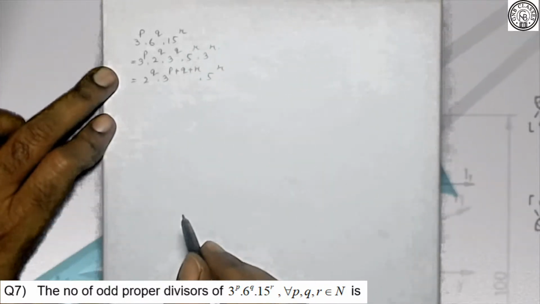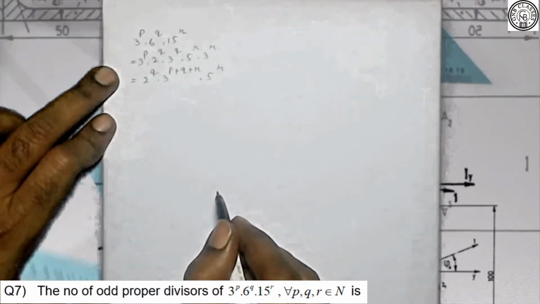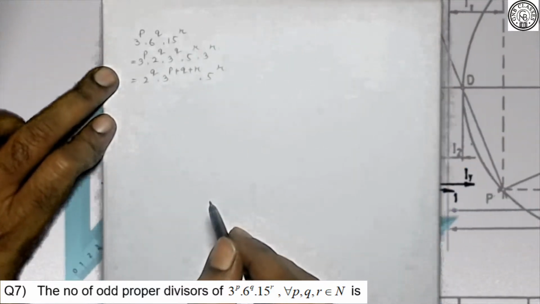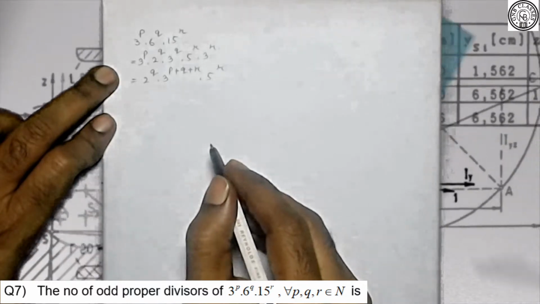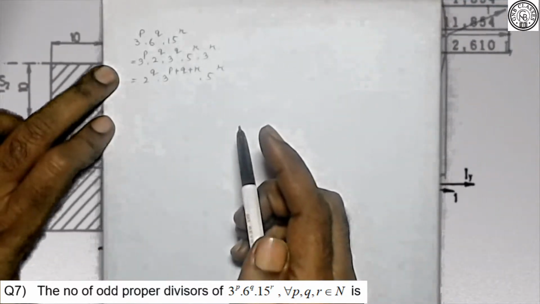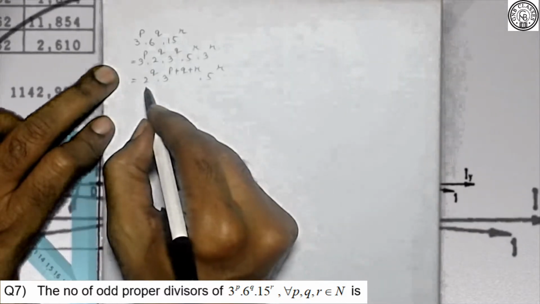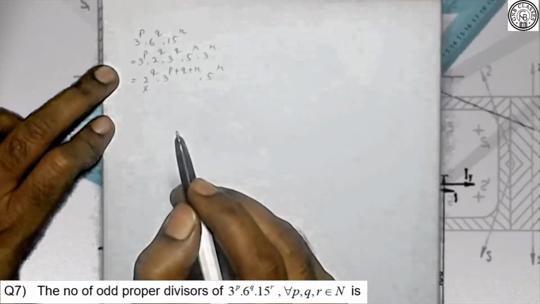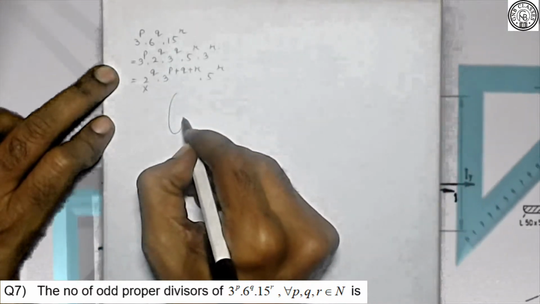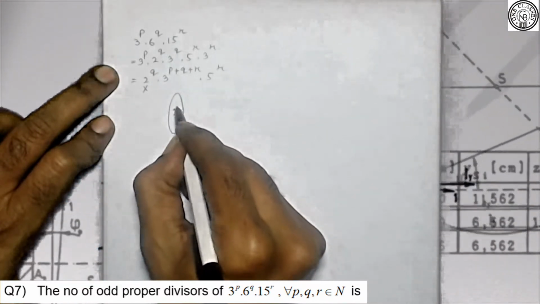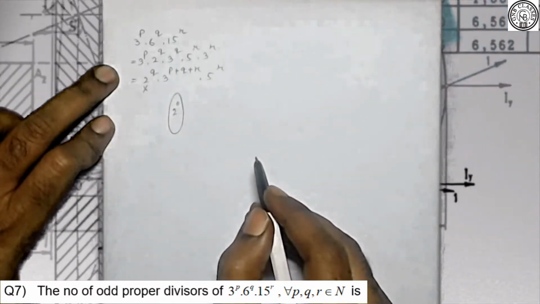Now we have to find the number of odd proper divisors. As I told you in my previous class, if you want to find the odd divisors, there should not be any 2 present. So from the first set, we will only take the element 2 to the power 0.